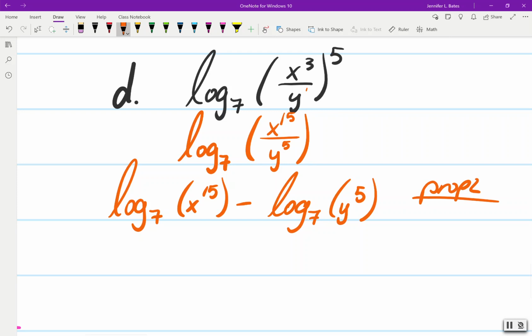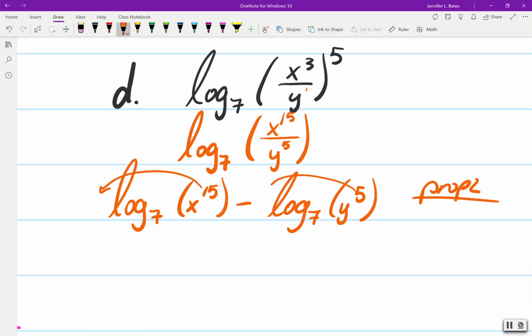Now, am I finished expanding this? Give me a head nod. Yes, I'm finished, or no, I'm not finished. There's one more thing that I can do. Everybody give me a head nod. Am I finished expanding this? Just like the last problem, I am not finished expanding this because I need to take the exponents and bring them down out front as coefficients.